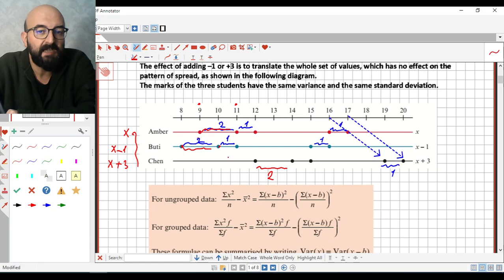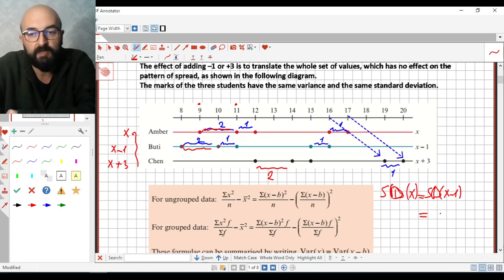We can say the standard deviation of Amber's marks is the same as the standard deviation of Booty's marks, and equals the standard deviation of Chan's marks.